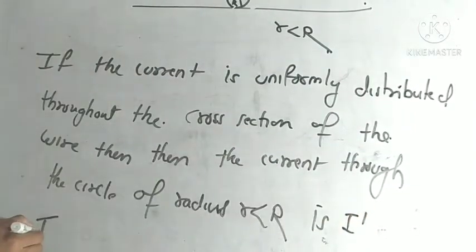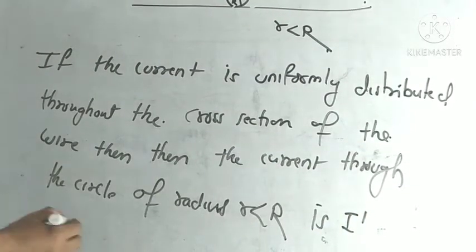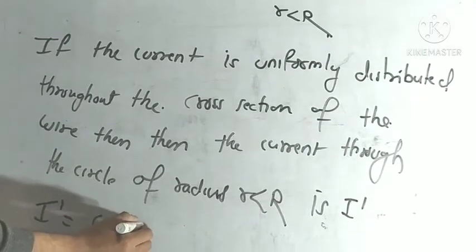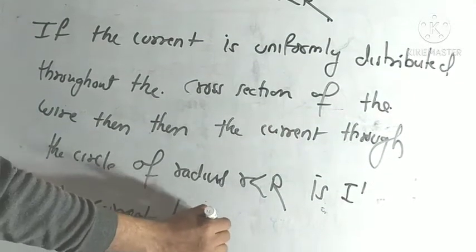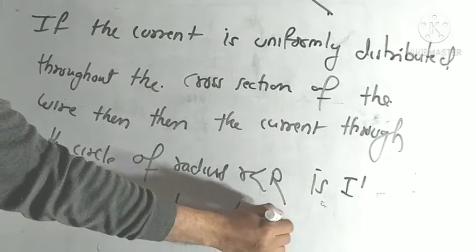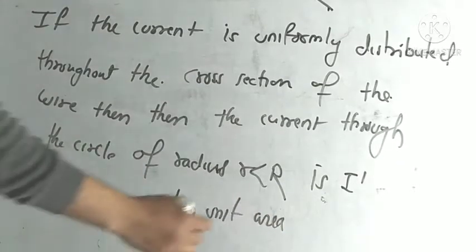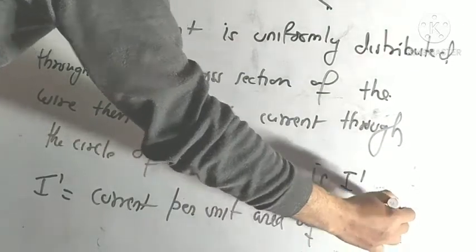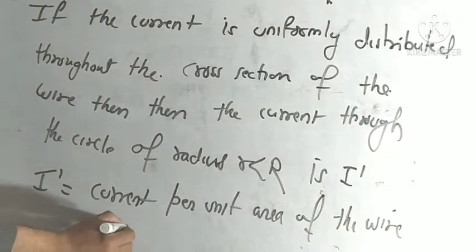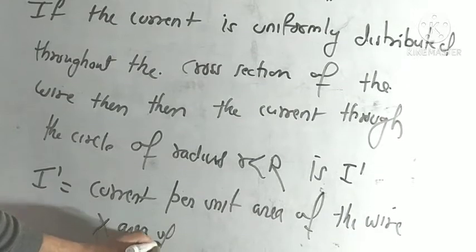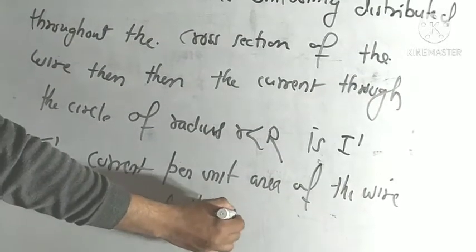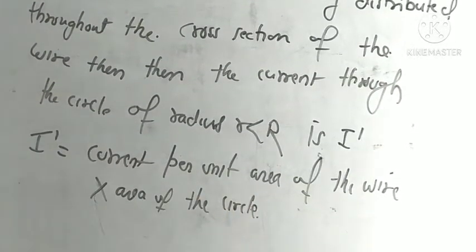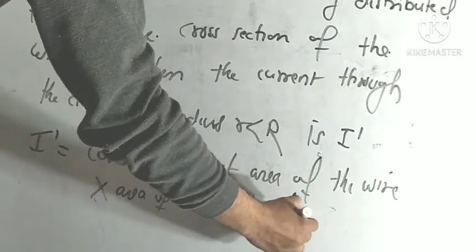I dash is equal to current per unit area of the wire into area of the circle of radius small r.